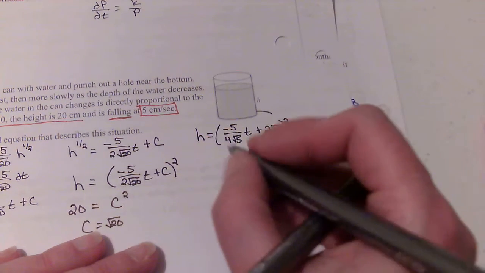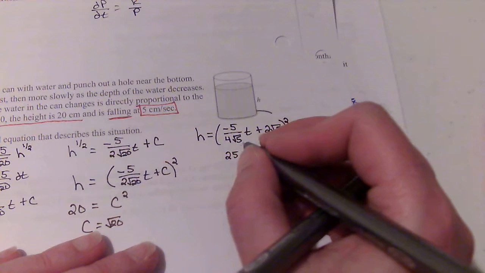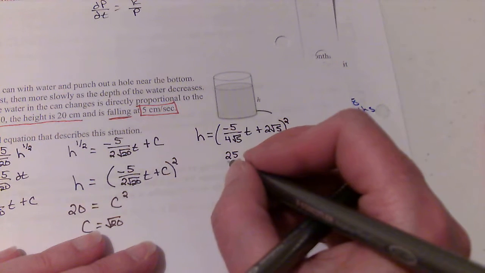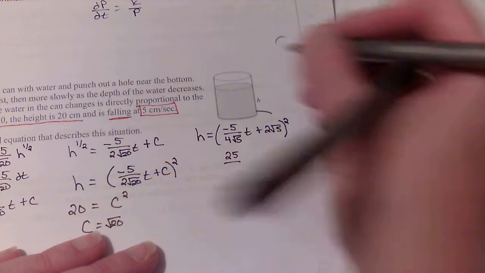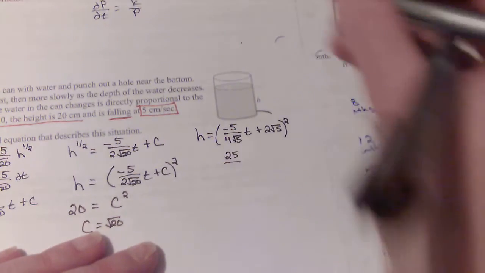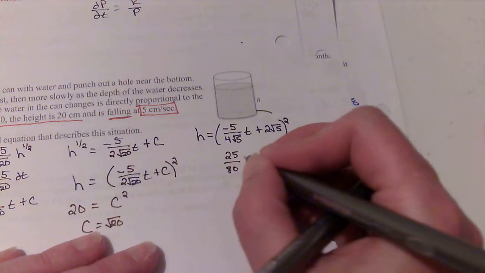When I square that, I'm going to get 25 over, oh, maybe I should have left it. That would have been 4 times 20, that's 80.